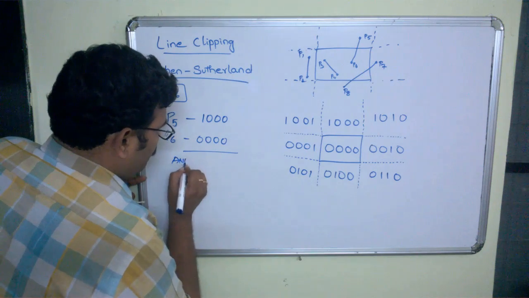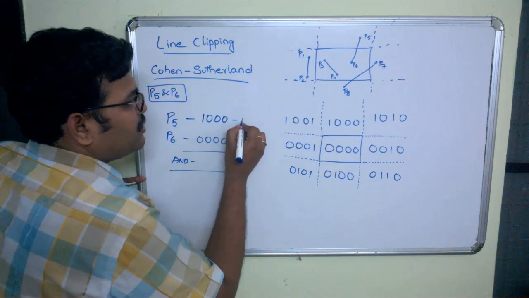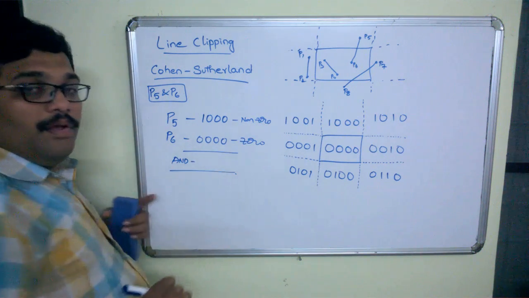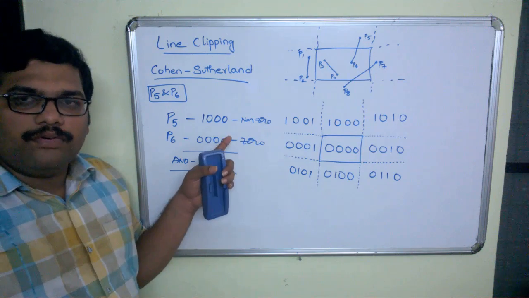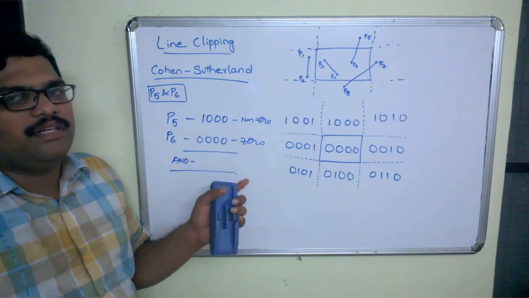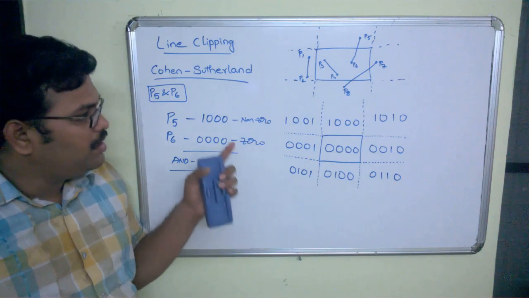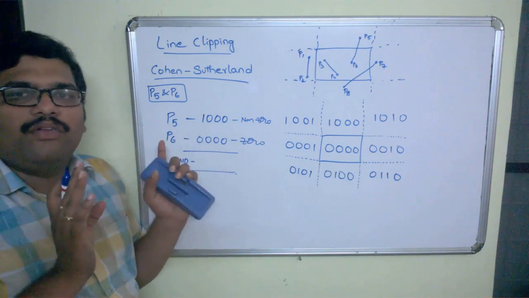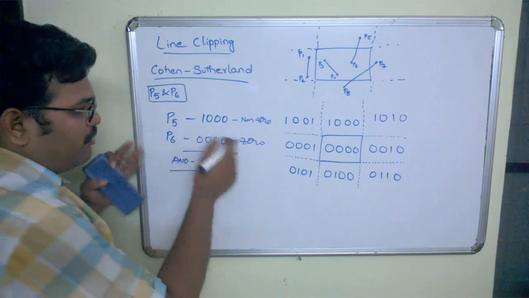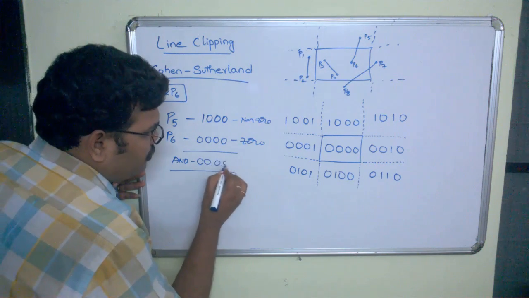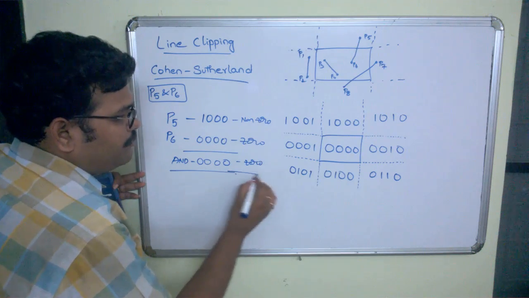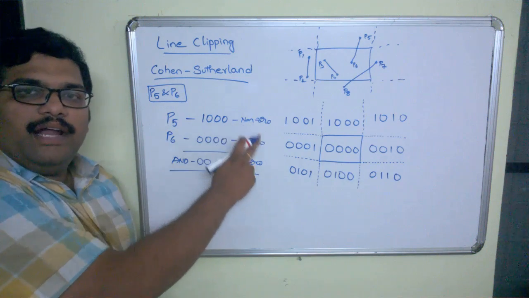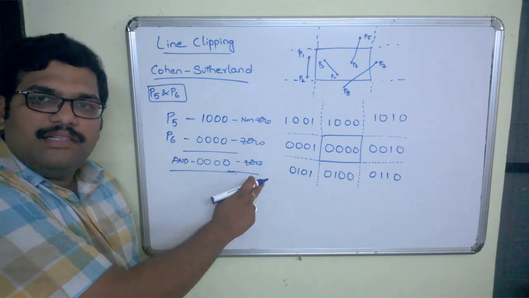Here the AND operation: this is a non-zero and this is a zero. So if one point is non-zero and another point is zero, obviously the AND operation will be zero, because only if two bits are 1, then the output will be 1. So here 1 and 0 means the AND operation will give again 0.